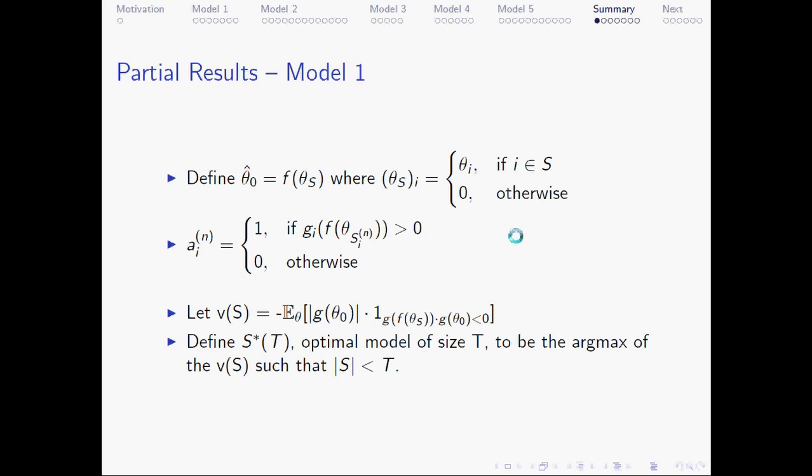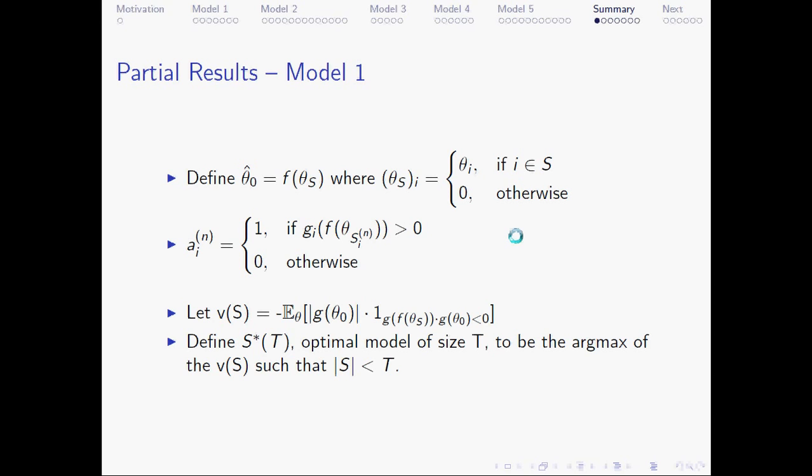If my model prediction, which is this thing, and the actual value have a negative sign, it means they reach different decisions. So I either bought something that's not right, or I didn't buy something that I should. So the loss is g of theta 0. I take the expectation over all the thetas, then I can find this value.